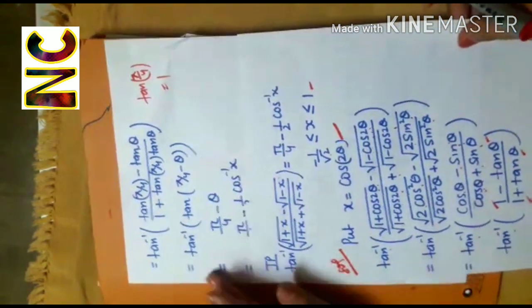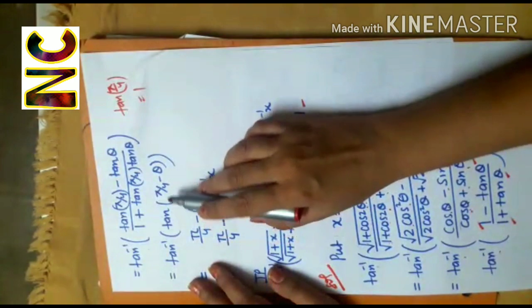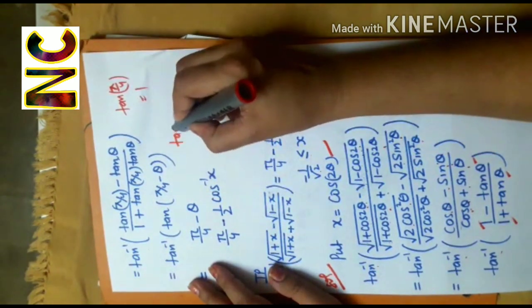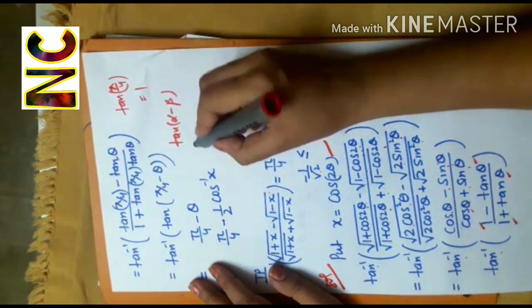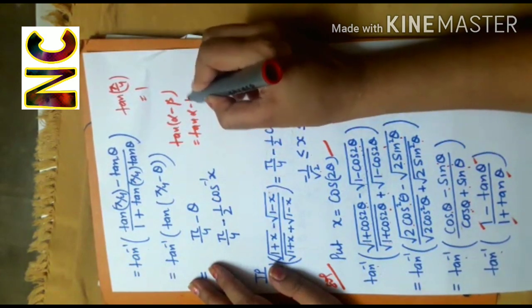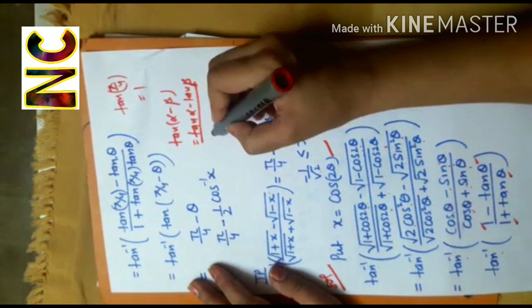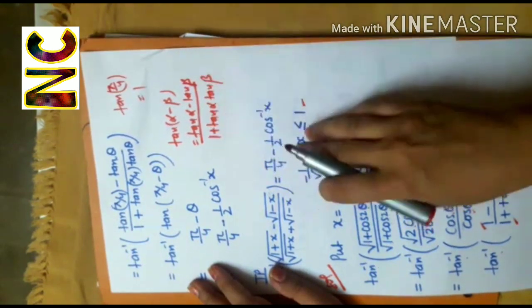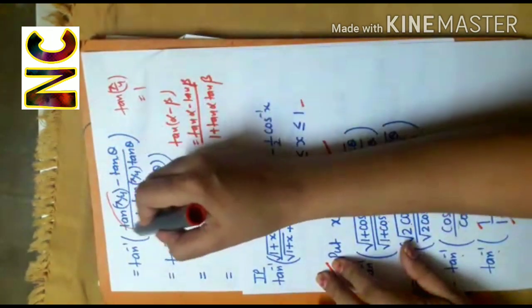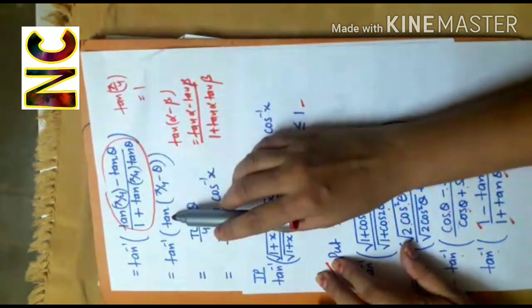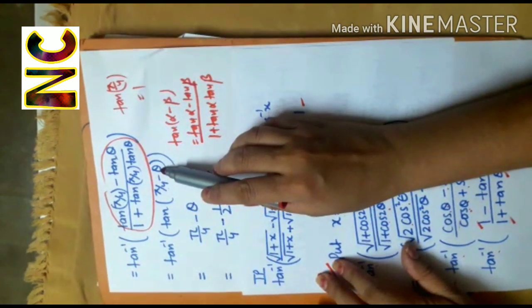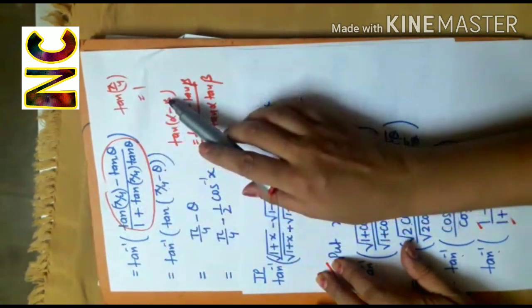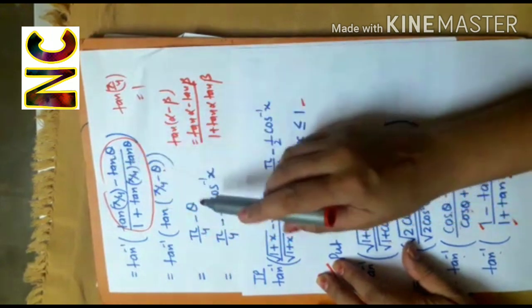So I'll get tan inverse tan (pi by 4 minus theta), because we know that tan (alpha minus beta) is (tan alpha minus tan beta) over (1 plus tan alpha tan beta). Role of alpha is being played by pi by 4 and role of beta is being played by theta.